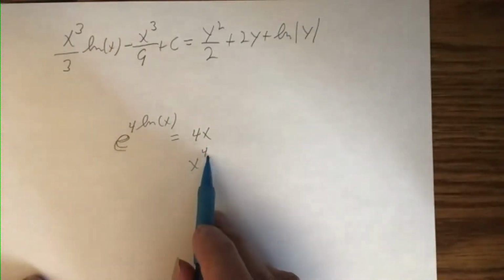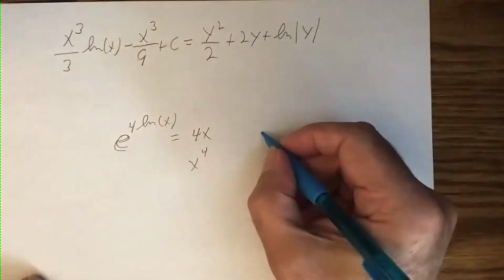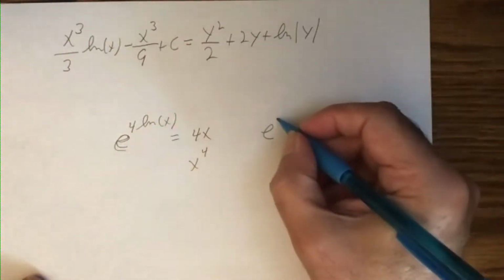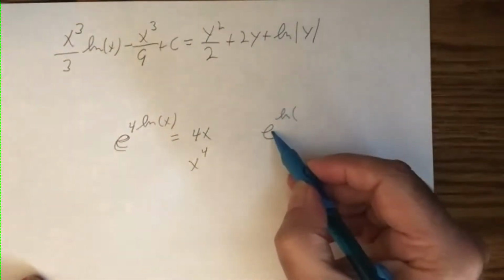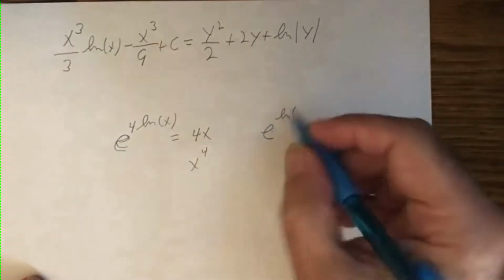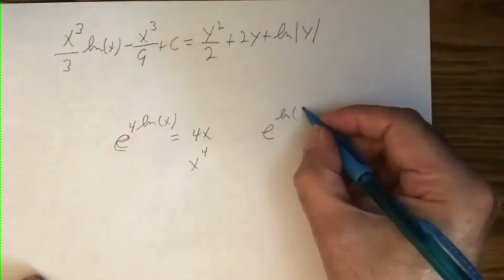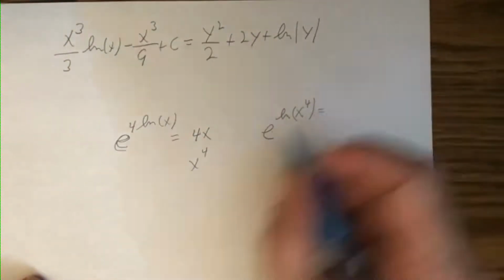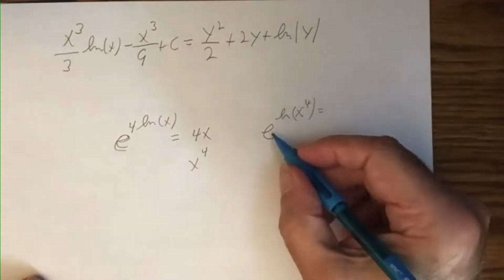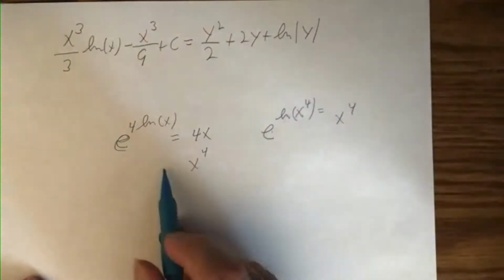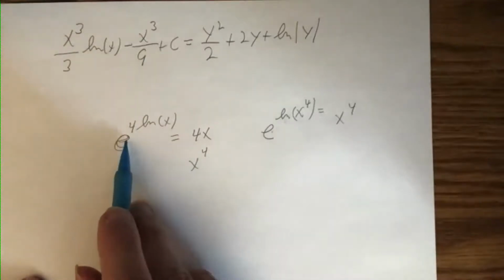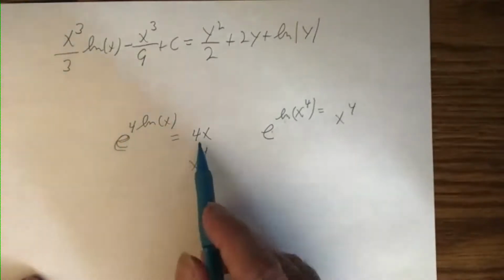This is x to the 4th, because when I have e, I have the natural log right above the e. So this is the same as e to the natural log of x to the 4th, and when I take the inverse of the natural log, I get x to the 4th. So a common mistake is that students write e to the 4 natural log of x as 4x.